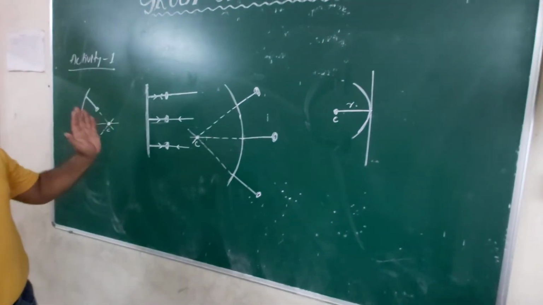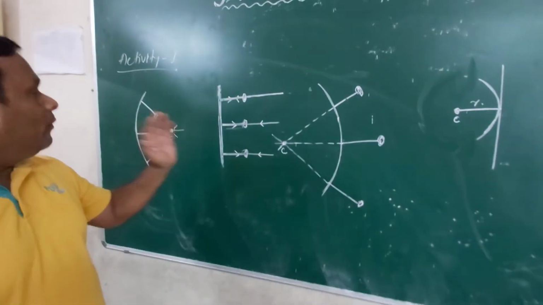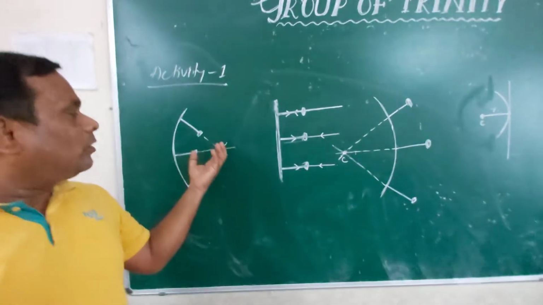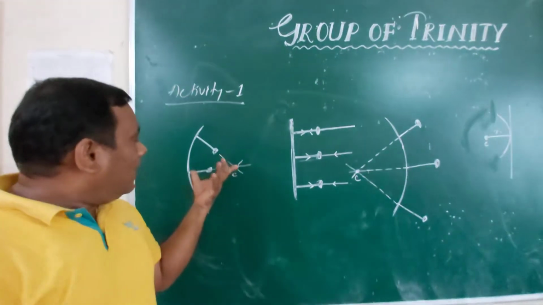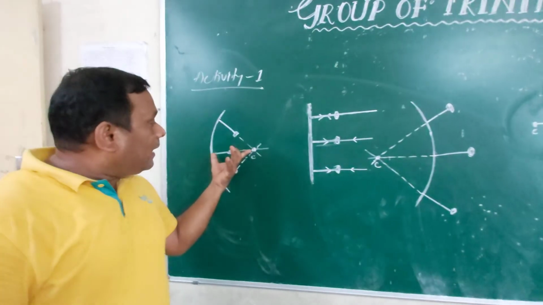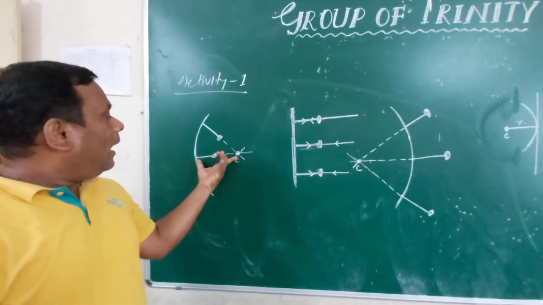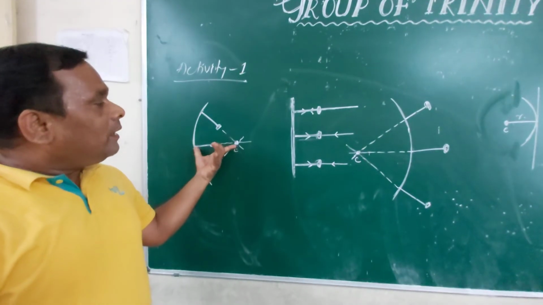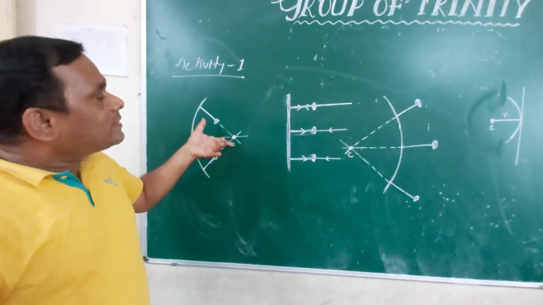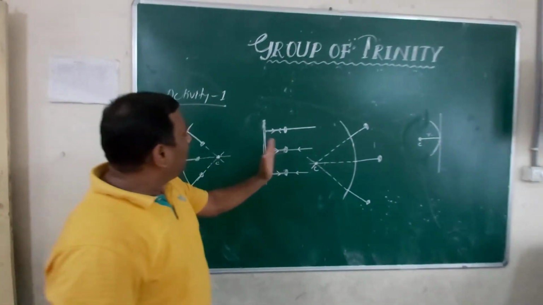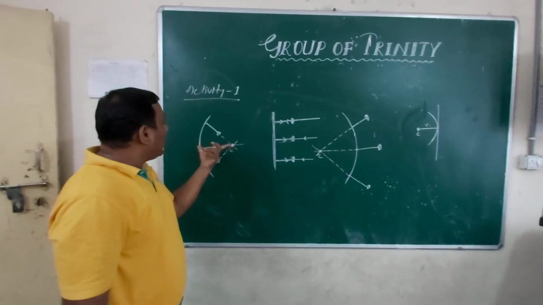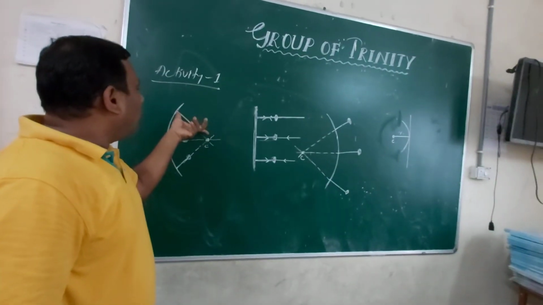In Activity 1, I told you very clearly about the radius of curvature, as well as the normal line. I already said what the difference is between the radius of curvature and the normal line.